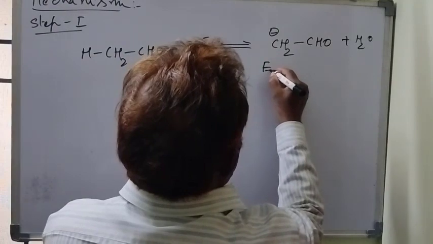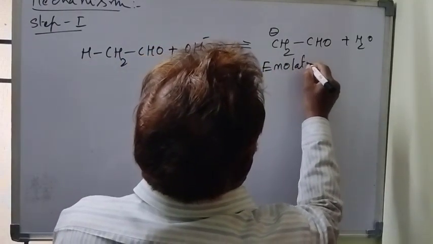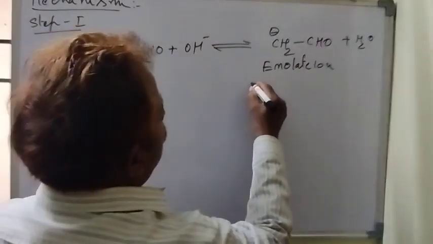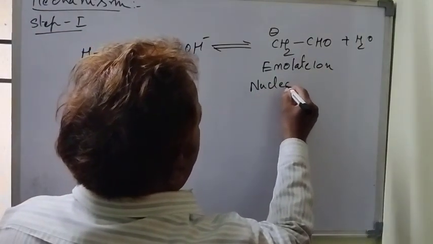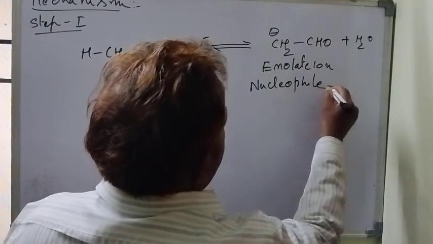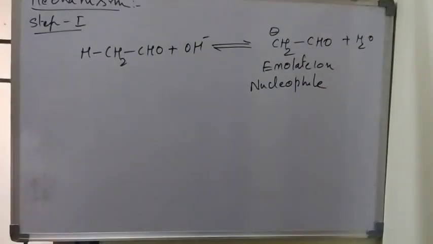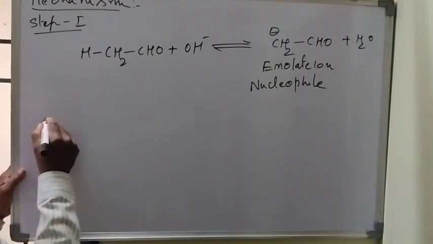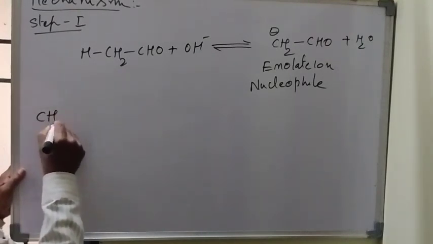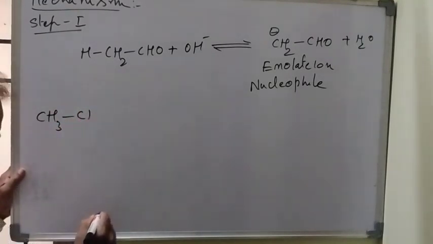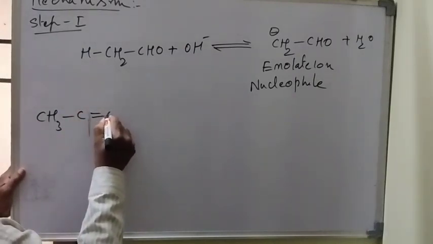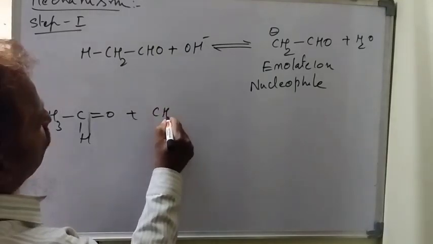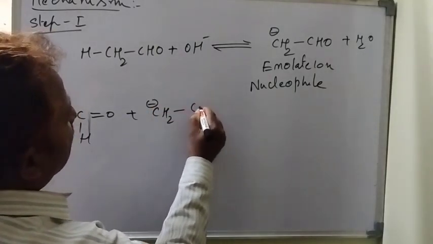This ion is known as enolate ion. Since negative charge is present, this is a nucleophile. This nucleophile attacks another carbonyl compound. Therefore, this is CH3CHO plus CH2 minus CHO.